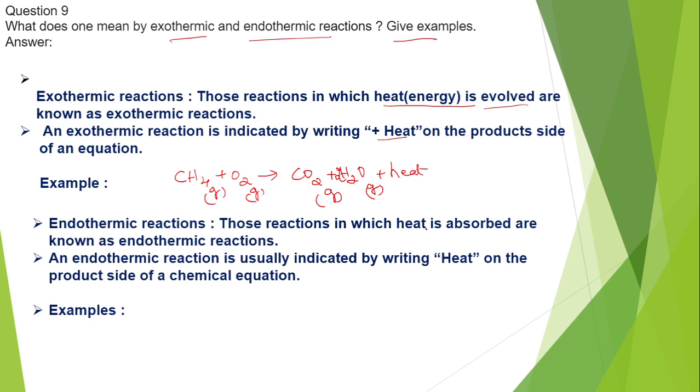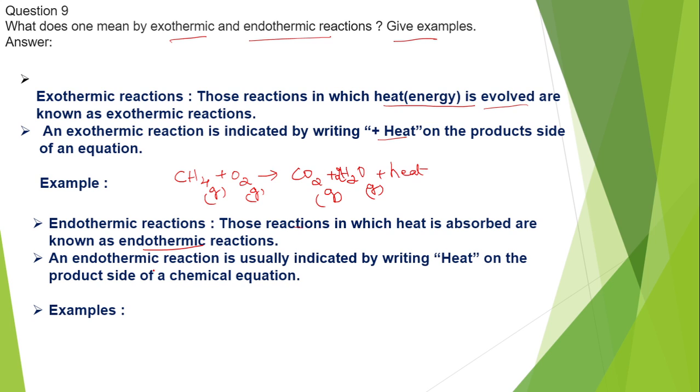Now, next is endothermic reaction. The reactions in which heat is absorbed are known as endothermic reactions. Or else we can say the reactions in which energy is absorbed, they are called endothermic reactions. That energy can be in the form of heat, light or electricity.